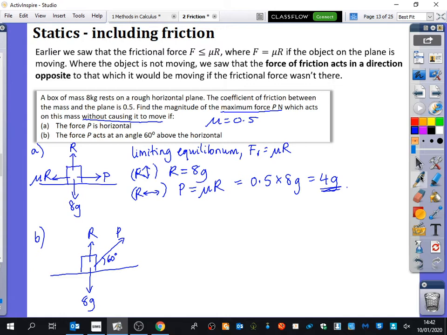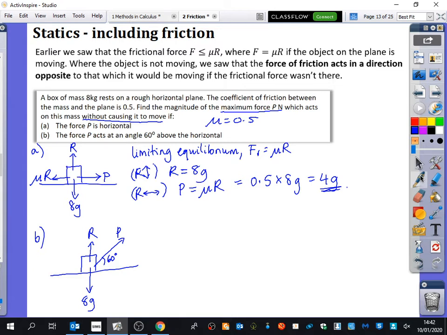Now that we've tilted P upwards, are there any forces here that you think might have changed in size? Pardon? No. Janet or Ahmed, did you decide what you think might have changed here? Yeah, when P goes up, what's going to change? Friction is going to change, but why is friction going to change? Good, because R is going to change.